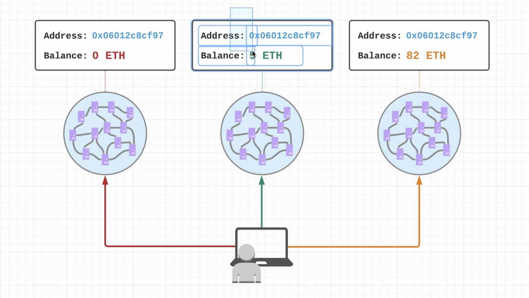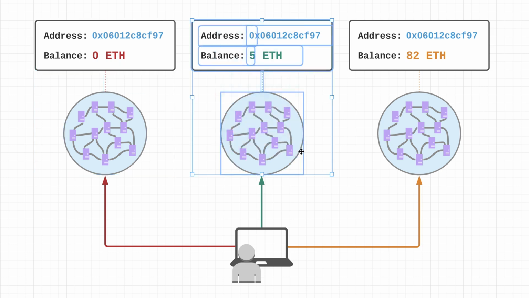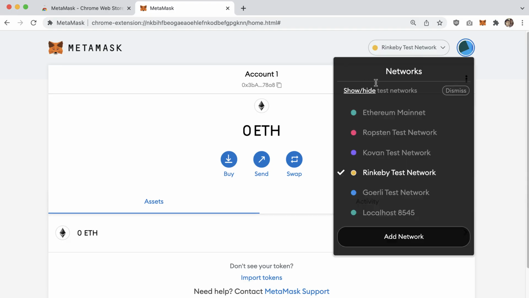Now, whenever I connect to a different network, a development network, and I start getting Ether for that, this network right here knows nothing about this network. In other words, the Rinkeby test network has no idea what's going on in the Ethereum main network. It has no idea it exists. It really is completely isolated from it, a completely different environment.